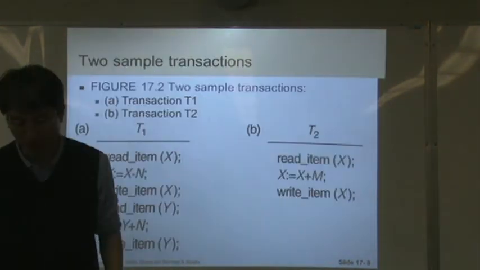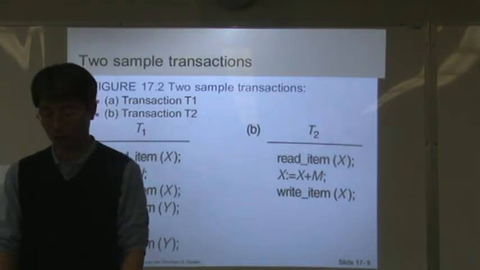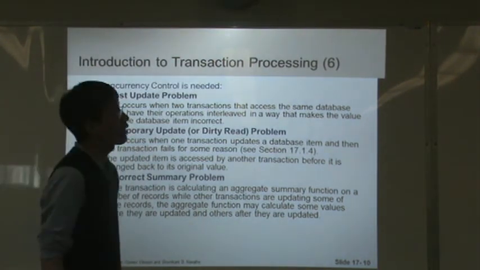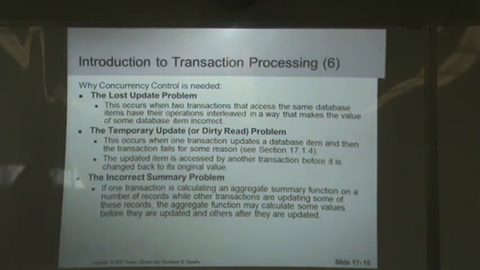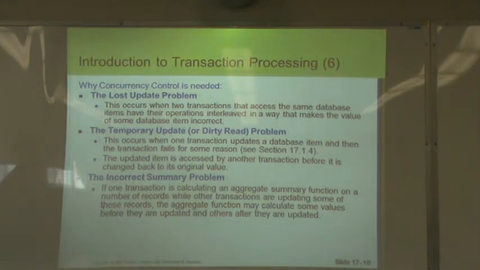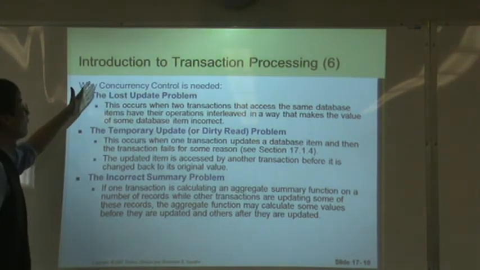But that may cause a problem, so because of that, we need to consider transactions. In the case of a multi-user system, we want concurrency. The system should be able to support concurrent users, which means multiple users can access the same data item. Without such concurrency control, there are problems.